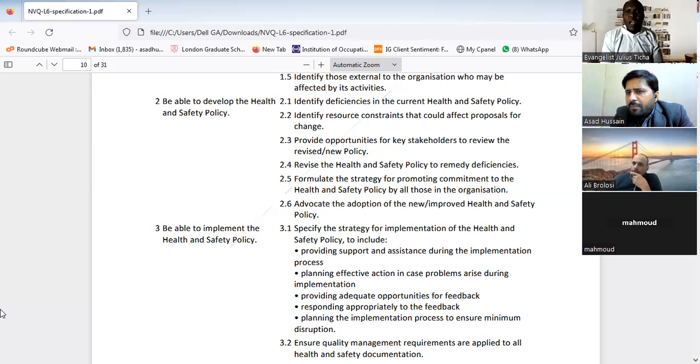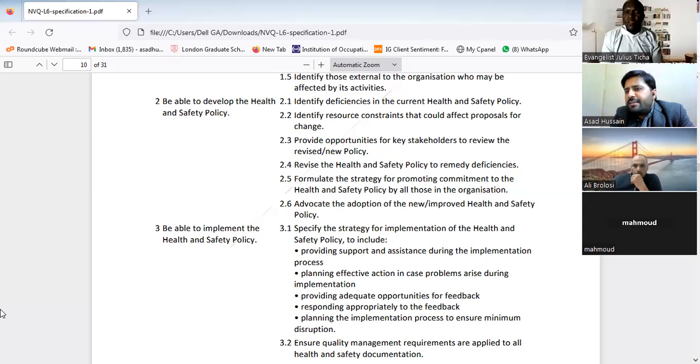So how do we get the improved health and safety policy to submit as evidence? Because I may do the assessment, find some deficiency, and make an improvement plan, but it takes a lot.